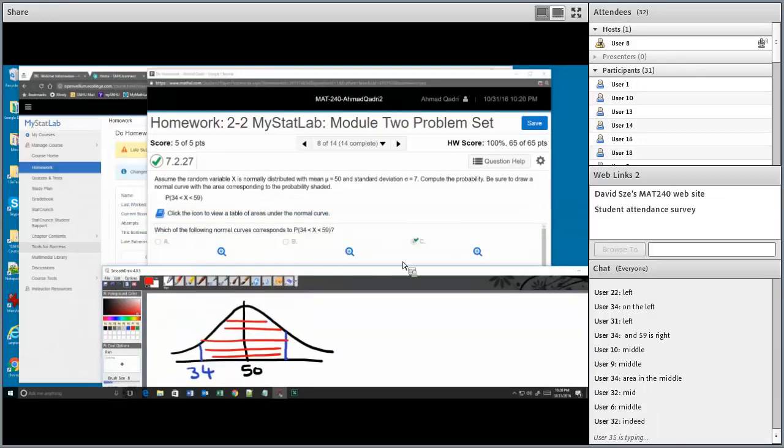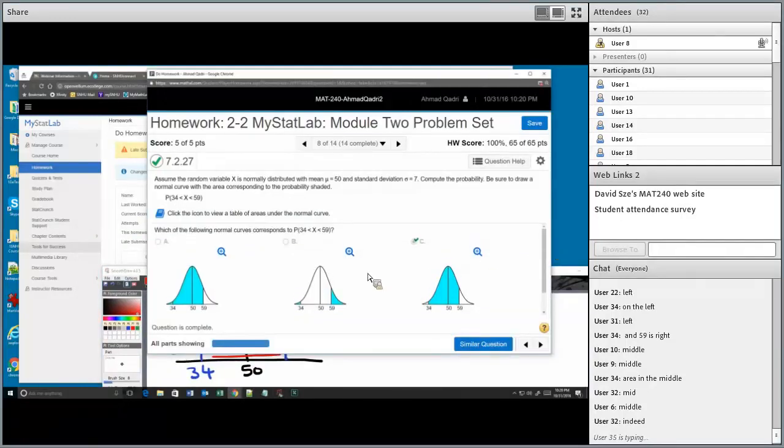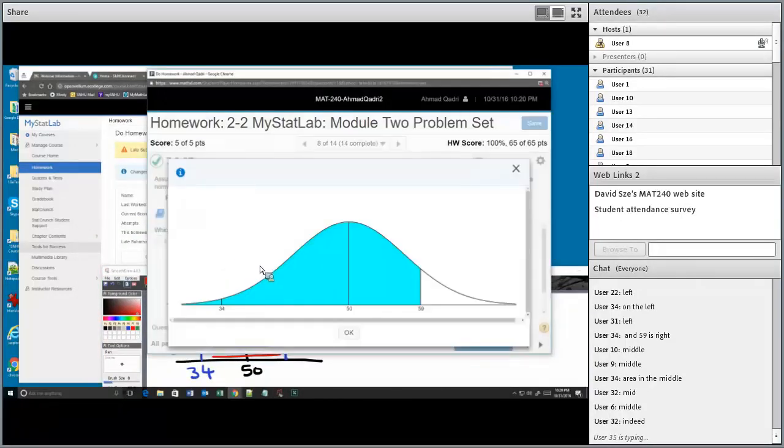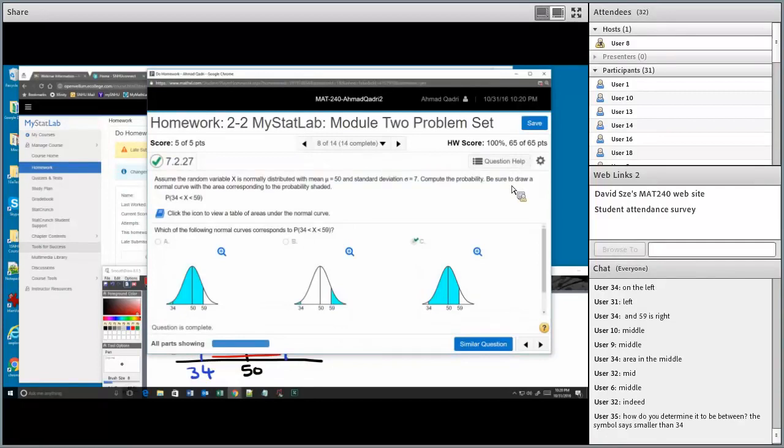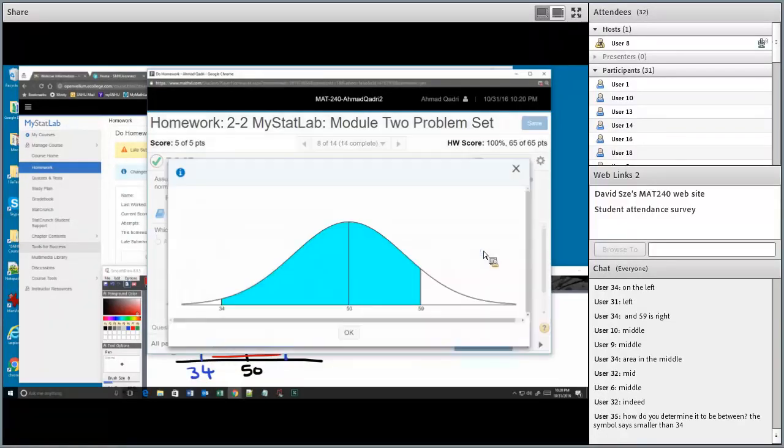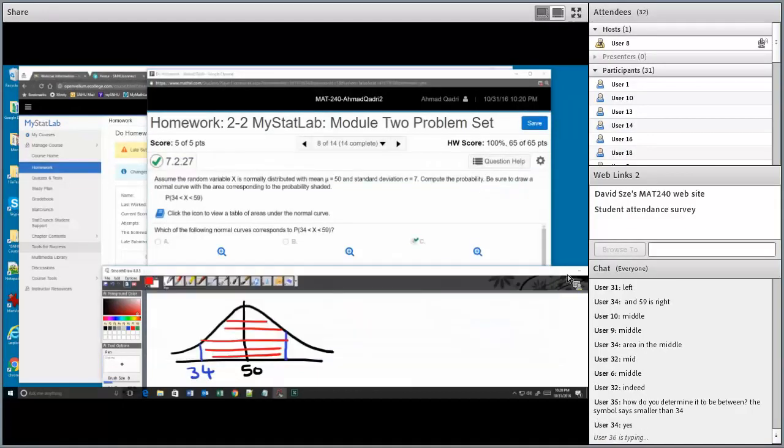So you just answered one of the questions. Which area is correct? You can see that this is not correct because it highlights the entire region on the left side. This is not correct because we're not going to make the mistake that we made earlier, right? It's not an edge case. This is the right area that we're looking for. Christine, because note the problem says probability that x is less than 59 and greater than 34.